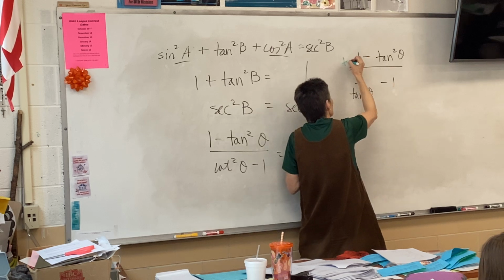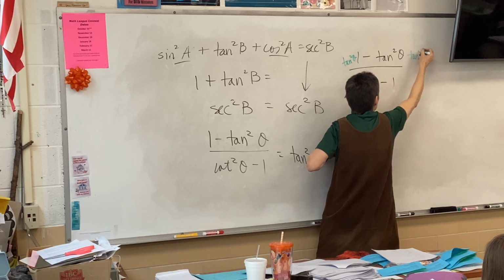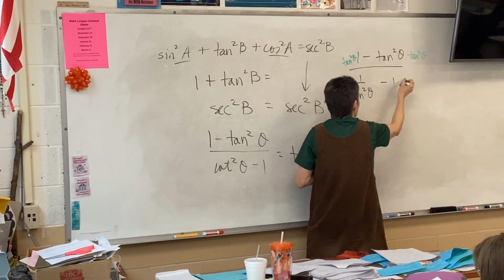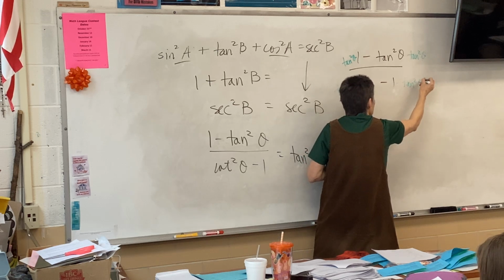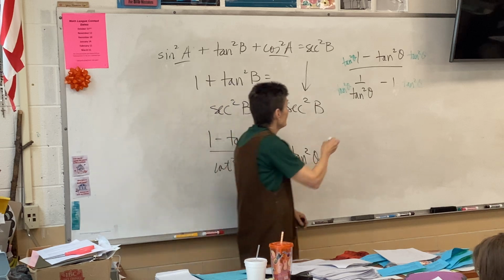So I'm gonna multiply this by tan squared, this by tan squared, this by tan squared, and this by tan squared. Now, what is the benefit of doing that?